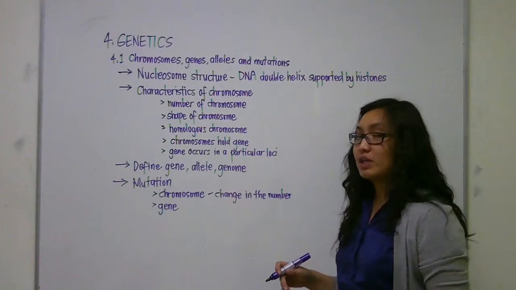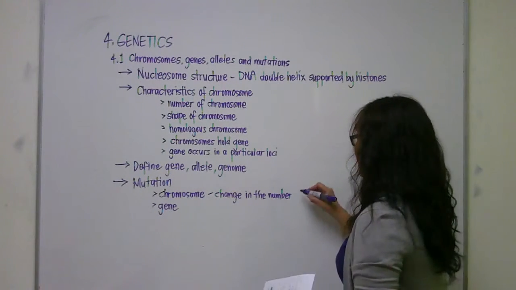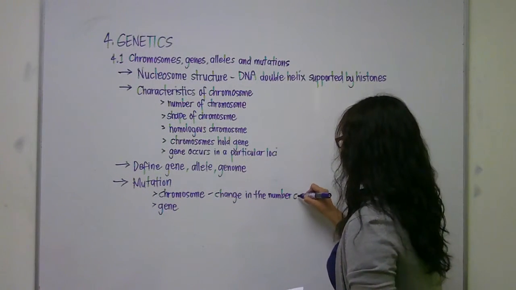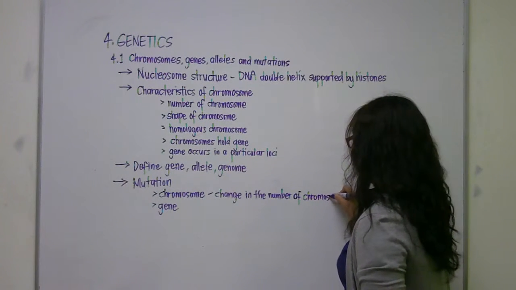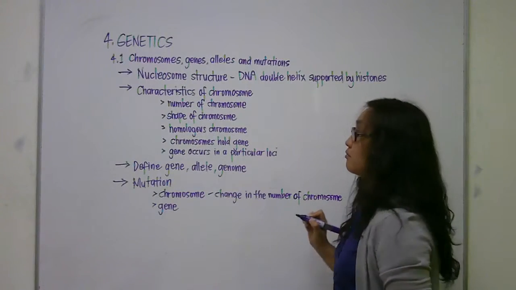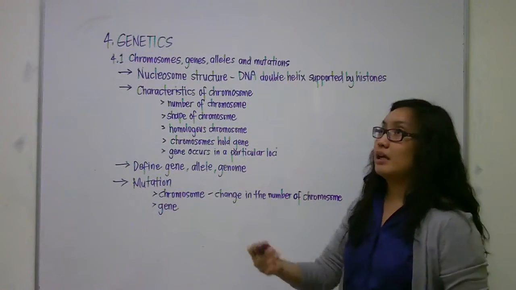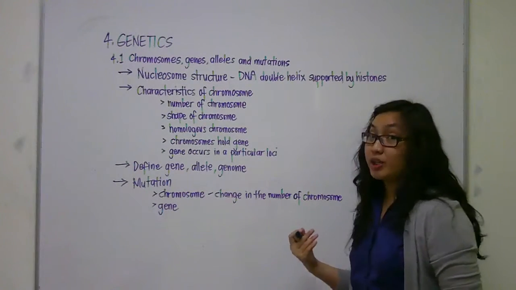An example of which is Down syndrome. Later on, in the part on meiosis, we can discuss why Down syndrome occurs.